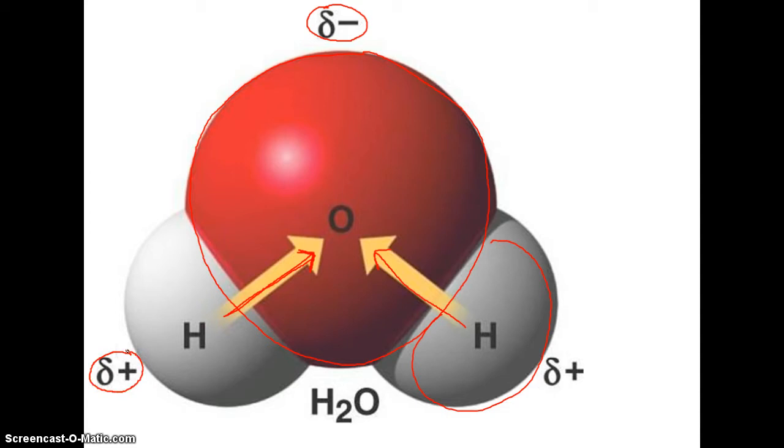So water is what we call a polar molecule, and polar just means that it has a distribution of charge. In other words, one end of a water molecule is negative, and the other end is positive. We call it polar because of the unequal sharing of electrons. Even though the electrons are being shared, they're being shared unequally.